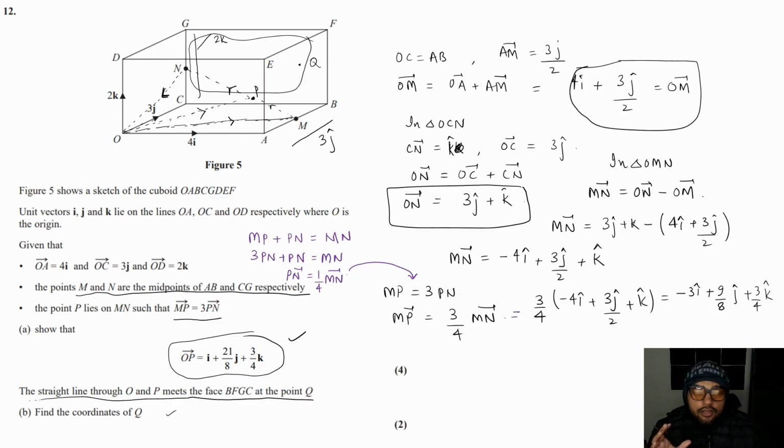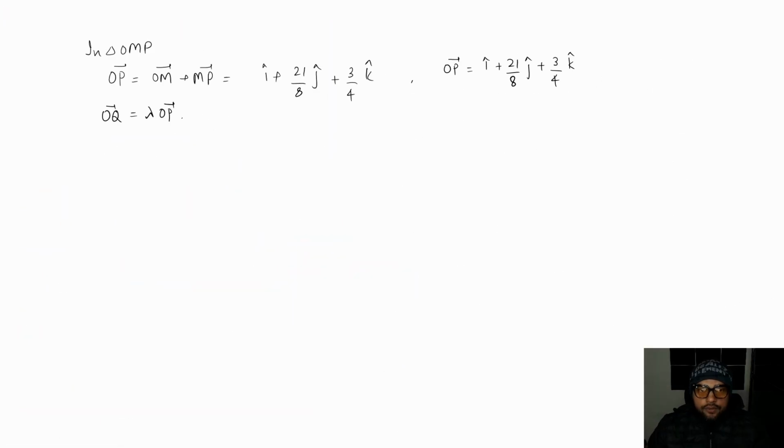We can easily say that x and z coordinates will vary, but the y component will remain the same. Think again: x and z coordinates will vary, not the y component. Because from O to P we are going in the y direction, similarly from O to Q it is the same direction. OQ is some scalar times OP, but x and z components will vary here.